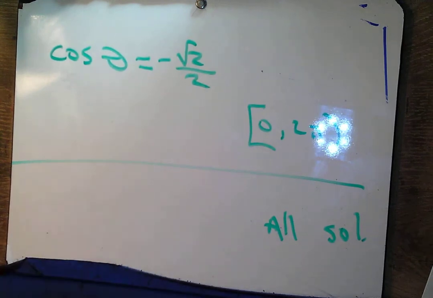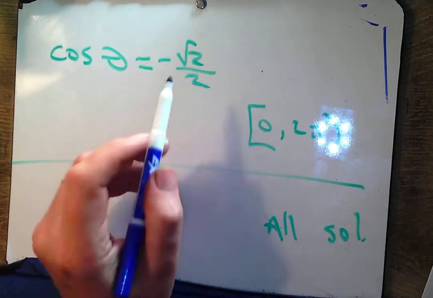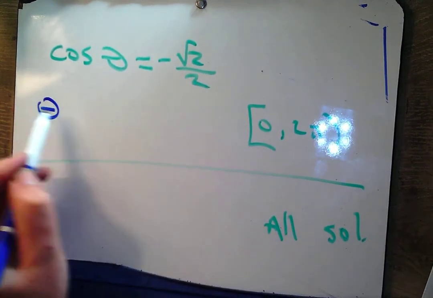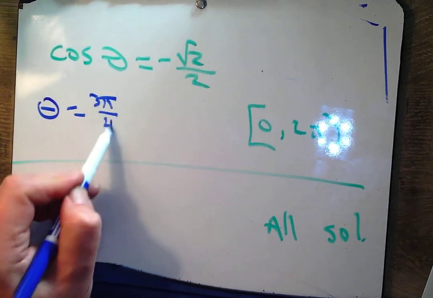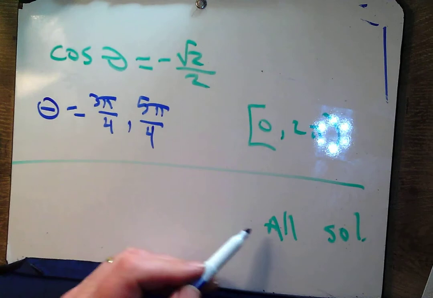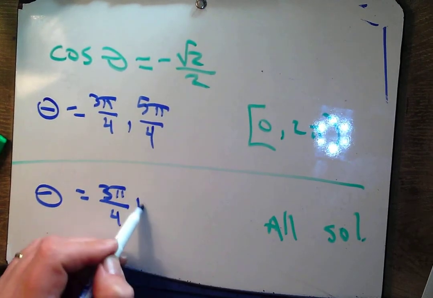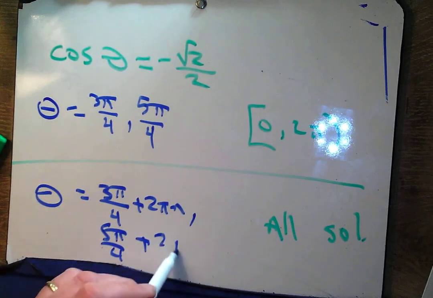Hey, welcome back. So when is cosine negative root 2 over 2? Well, those happen in second and third quadrant. And so I know that theta equals 3 pi over 4 and 5 pi over 4. If I want all solutions, no worries. 3 pi over 4 plus 2 pi n, and 5 pi over 4 plus 2 pi n.